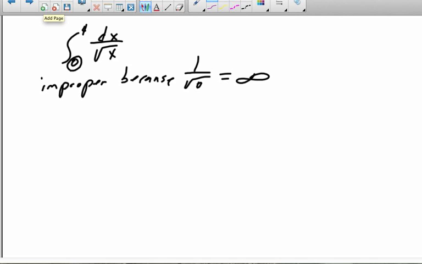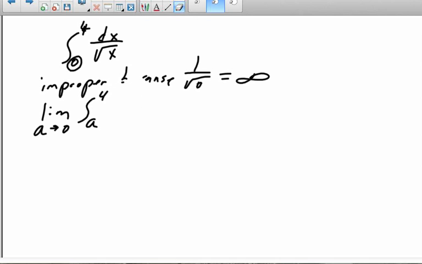So the next thing we need to do then is figure out if this thing exists. We're going to take a limit as a goes to 0 of the integral from a to 4 of dx. I'm going to go ahead and rewrite this thing as x to the negative 1/2 dx.